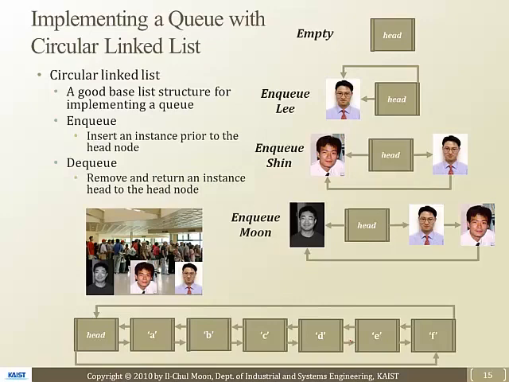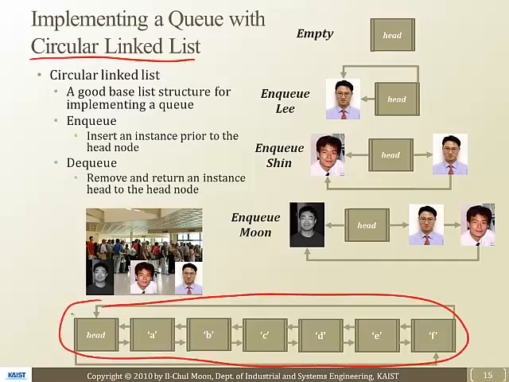Right. So how about this? Actually, we talked a little bit about circular linked list in the previous linked list lecture in week 3. At the end of week 3, we talked about circular linked lists. A circular linked list is like this: we have head, A, B, C, D, E, F, and what we don't have is a tail.